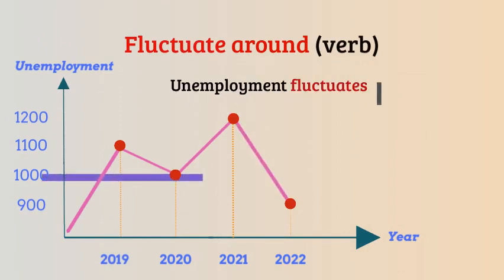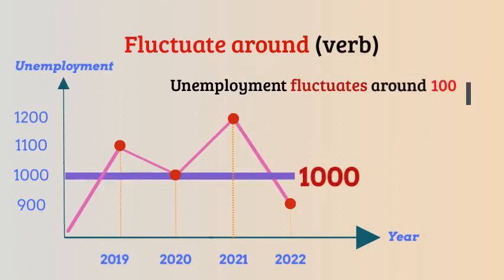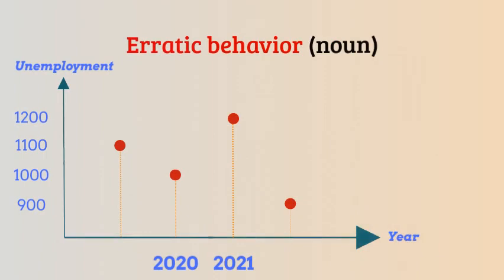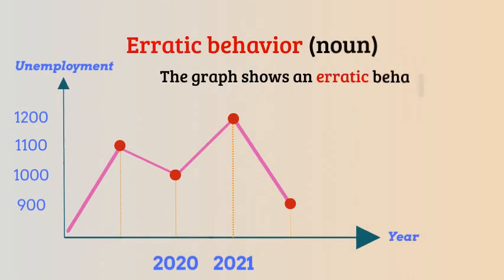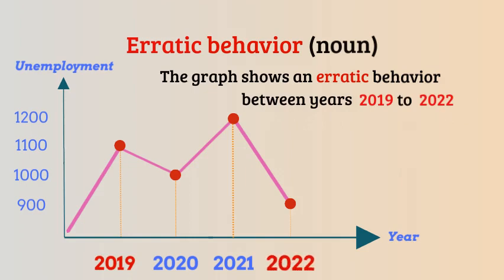Unemployment fluctuates around 1,000. Erratic behavior. The graph shows an erratic behavior between years 2019 to 2022.